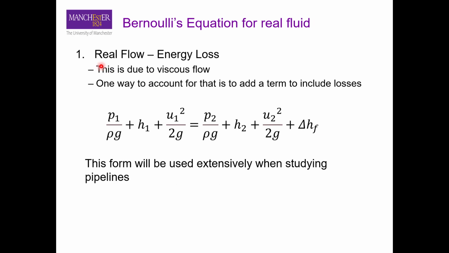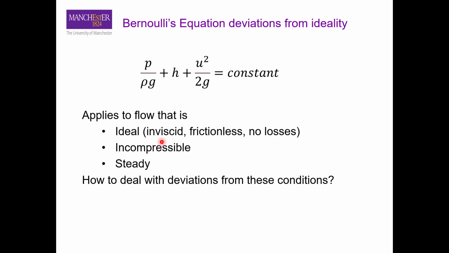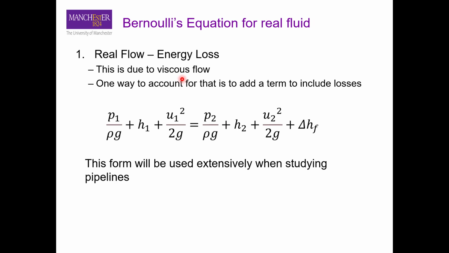So the first deviation that we can have is that actually we can have a real flow. It means that the first assumption that we made, that the viscosity effect is 0, is not true anymore. It means that we have this positive value of this delta HF. And what this delta HF means is that some of the energy that you are getting from point 1 is actually being lost in the form of heat or in the form of friction.